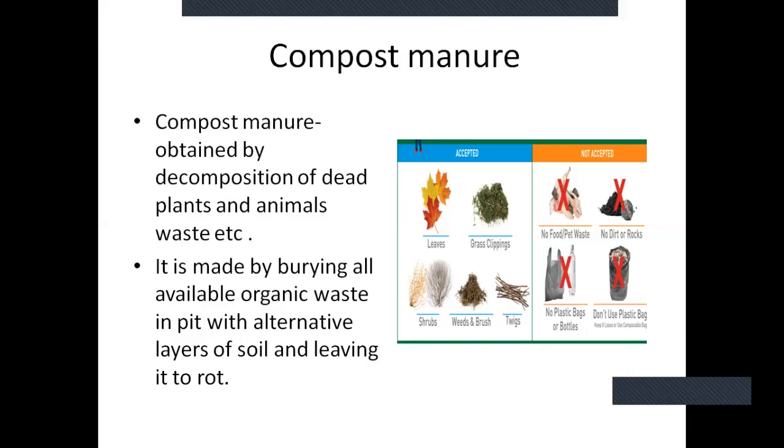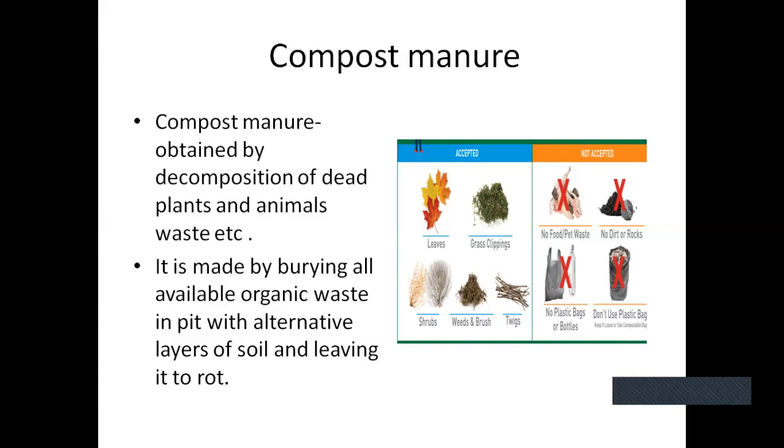Okay, now the next one is compost manure. I think you already know about composting. Composting is nothing but manure obtained from dead plants and animal waste, right? Now how is composting done?